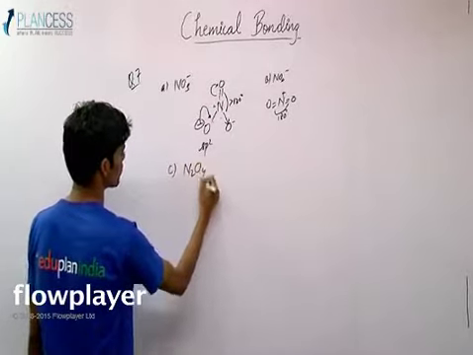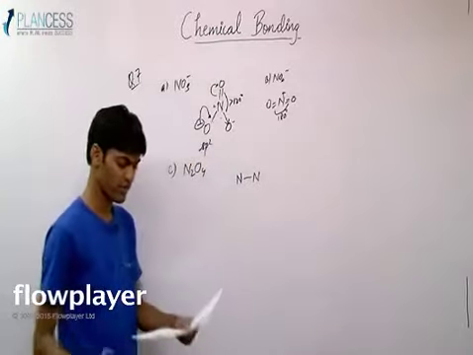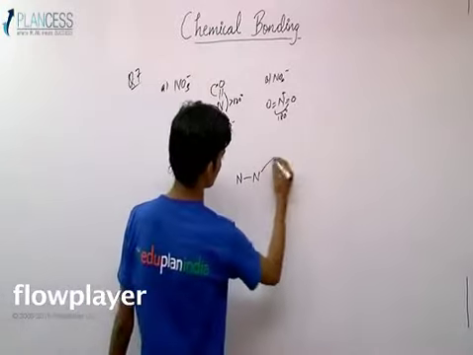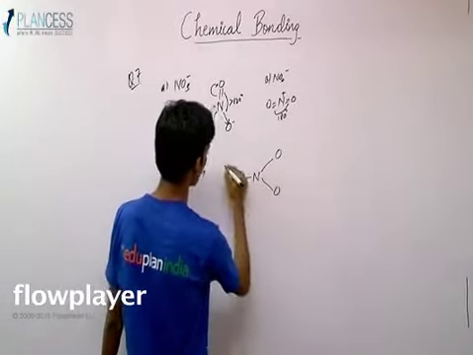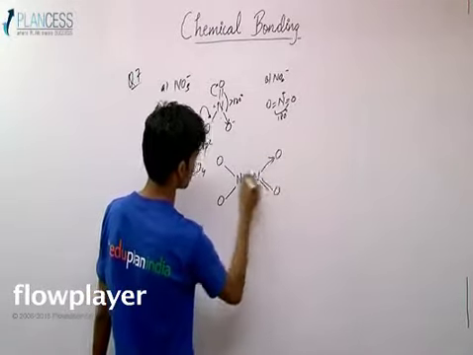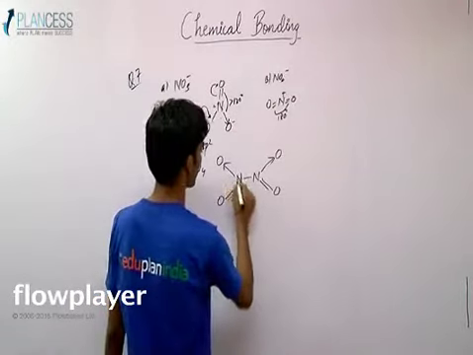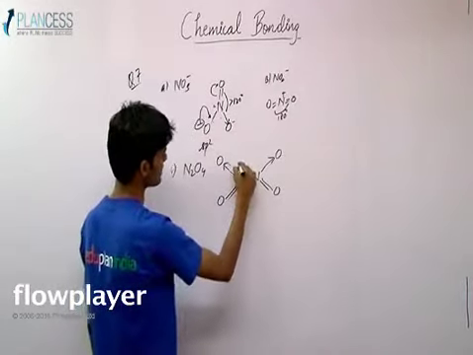Other is N2O4. N2O4 has a single bond also, a single bond between this and this O. There is a double bond, this is a single bond, double bond, there is a single bond. So again, this O and O angle, this is sp2 hybridized.